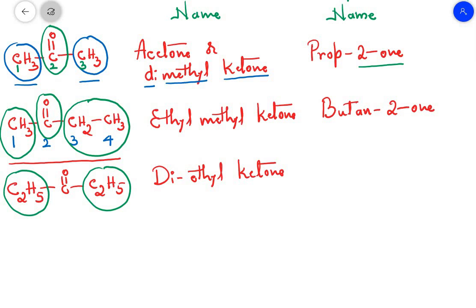And if you write the IUPAC name, here there are 2 carbon atoms, then the third carbon, the fourth and the fifth carbon atom, so we call it pentan 3 one. Either you come from the left side or from the right side, this C double bond O group will have 3 only, so the name of this compound is pentan 3 one.